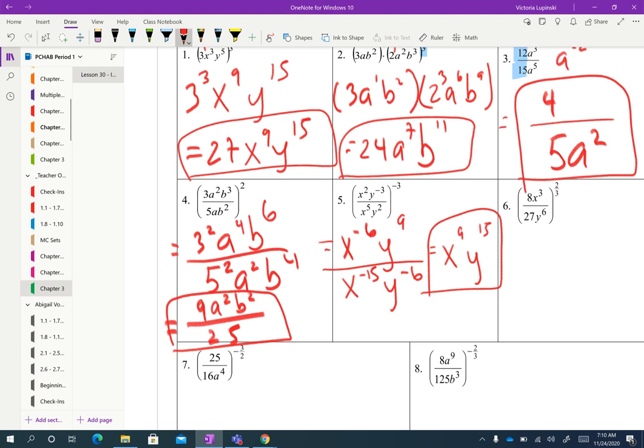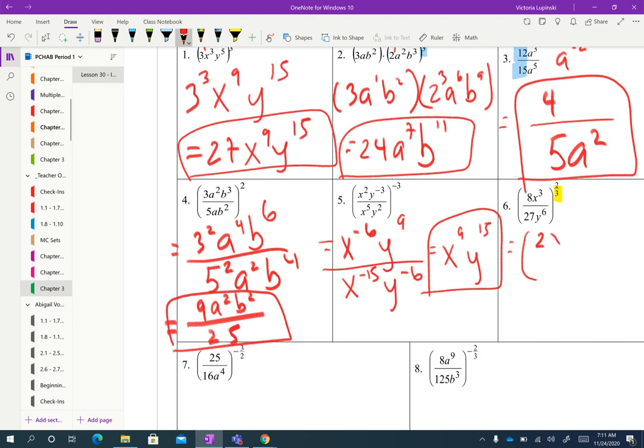So to the 2/3 power, again, you have a couple of different ways that you can apply this. So I'm going to go ahead and start by applying the 3 in the denominator. That 3 is really a 1/3, which is really a cube root. So I could take the cube root of everything that's inside of my parentheses to start. So the cube root of 8 is 2.